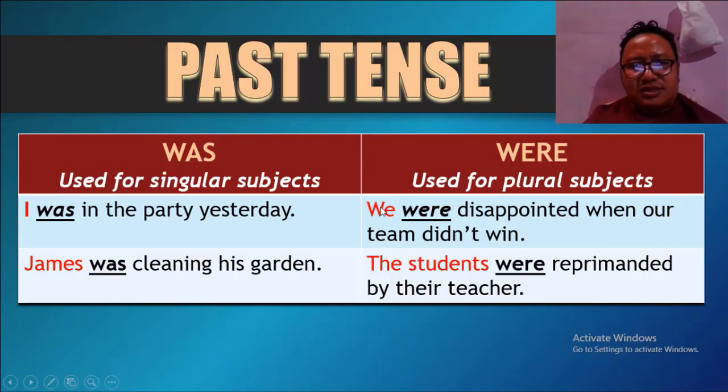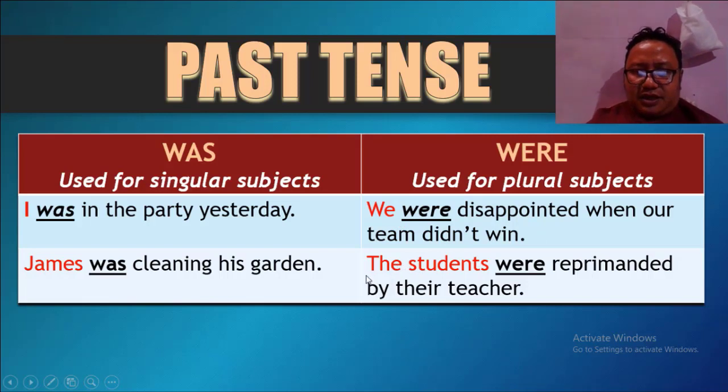Understand? We cannot say we was, because was is for singular subjects, but were is for plural subjects. And the next is: the students were reprimanded by their teacher.